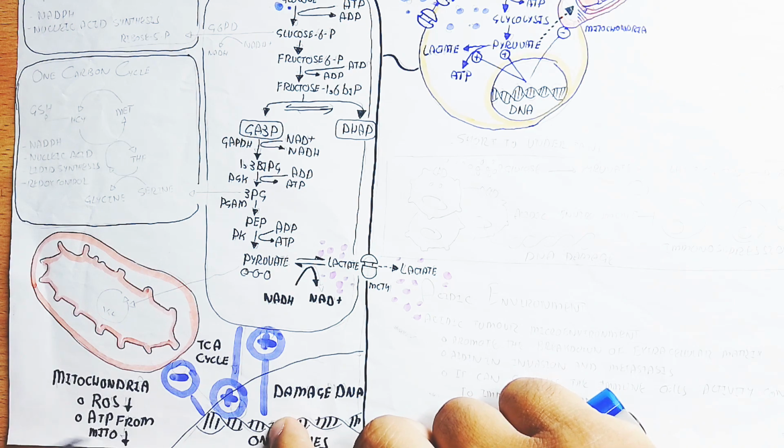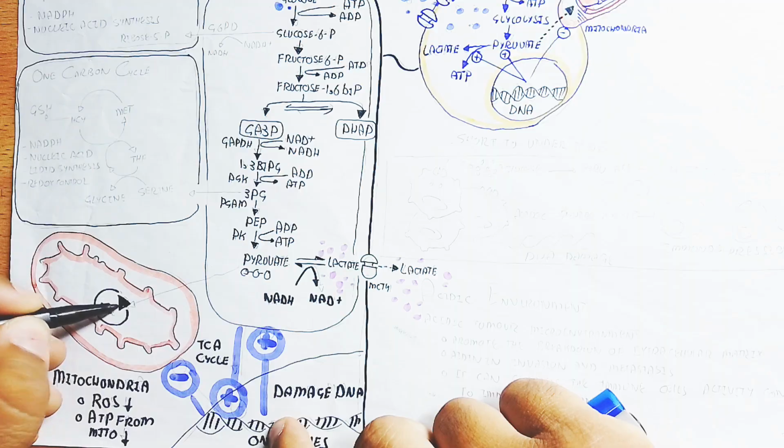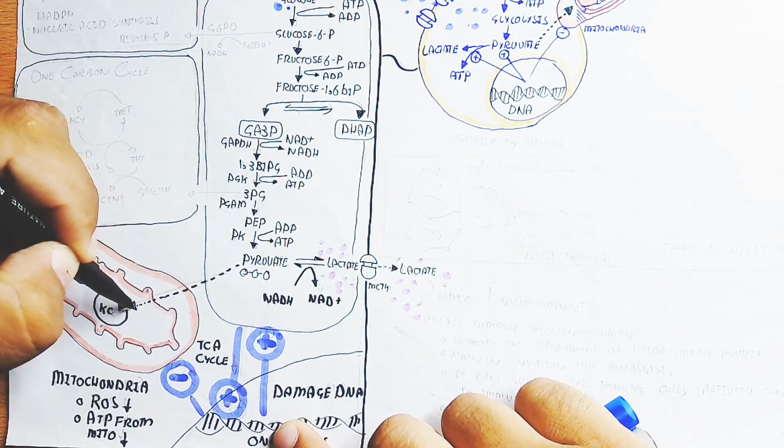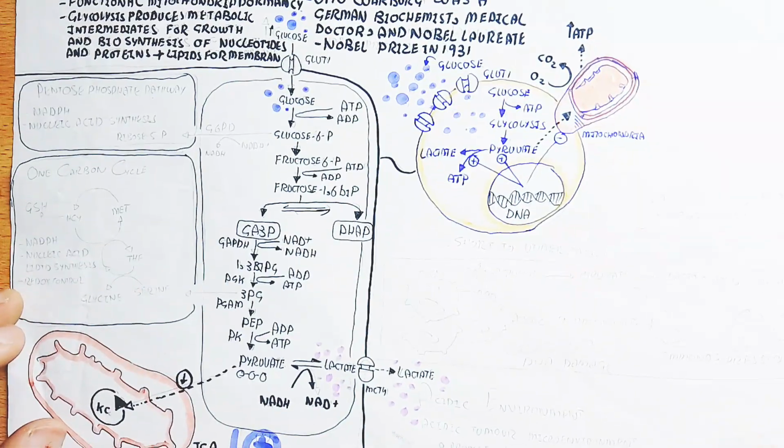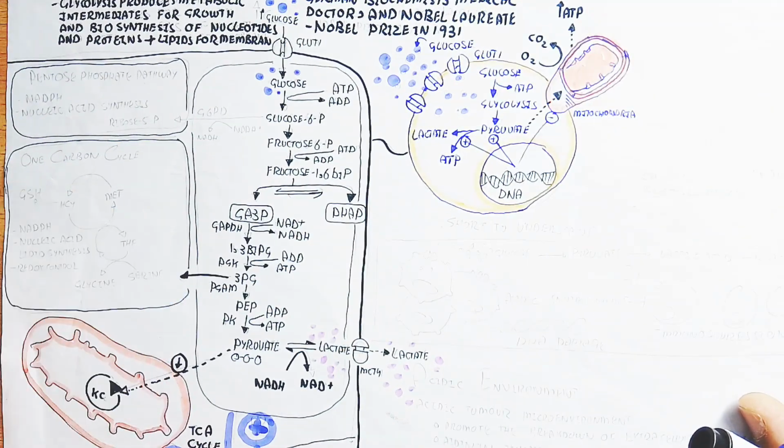In the mitochondria, reactive oxygen species decrease and ATP from mitochondria decreases, which also inhibits apoptosis, because mitochondria are important for the apoptosis of the damaged cell.